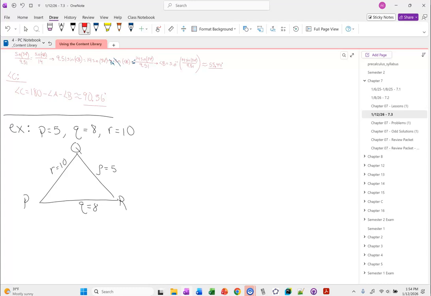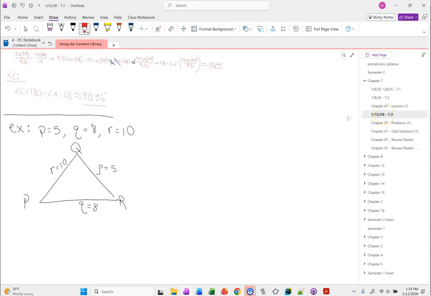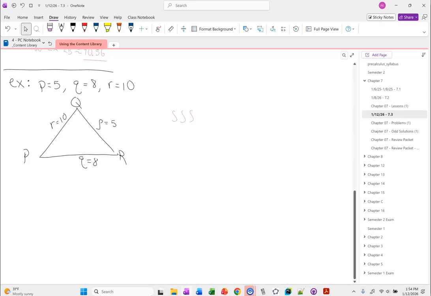I want to remind you guys, when we wrote our very first decision tree, we have to check for the number of triangles possible side, side, side, because we can have 0 triangles or 1 triangle possible in a side, side, side situation. Well, obviously, this is side, side, side, right? You probably knew that as soon as I wrote up the problem, because there were no angles in it. It's the easiest one to identify. If anybody gets that wrong, God help you. Somebody will. Who's going to do it? Nobody's admitting to it? We'll see.